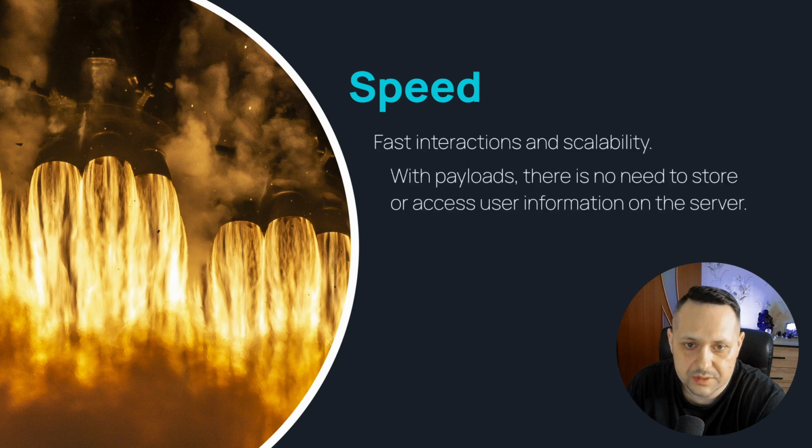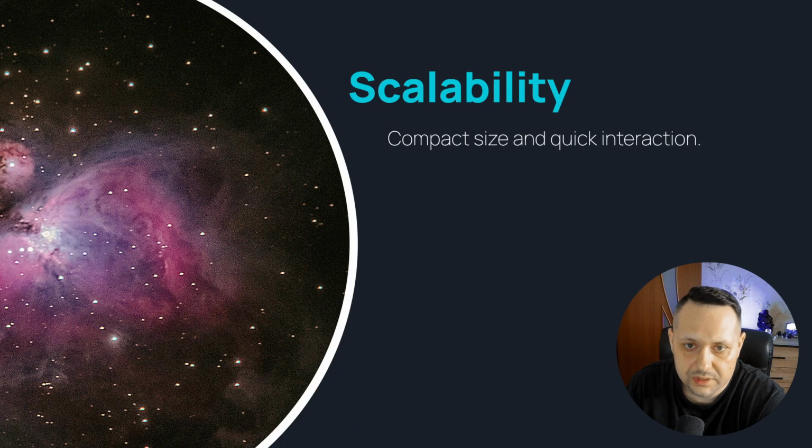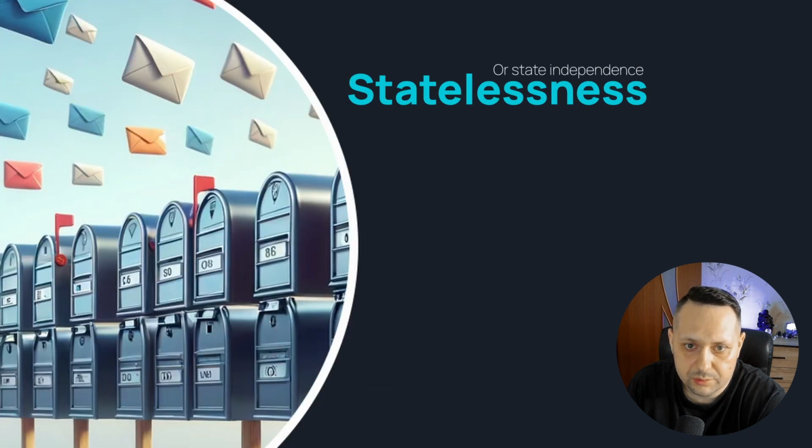JWT's standout feature is its ability to provide fast interactions and scalability for web services. With payloads, there is no need to store or access user information on the server, which improves speed significantly. Due to its compact size, JWT can be quickly transferred between client and server, reducing response time. JWT is based on statelessness, or state independence.